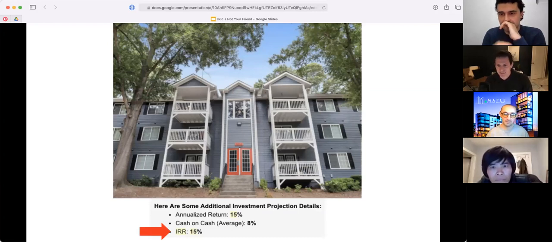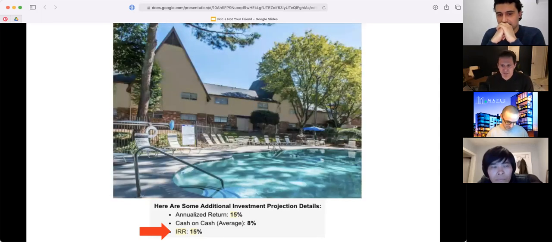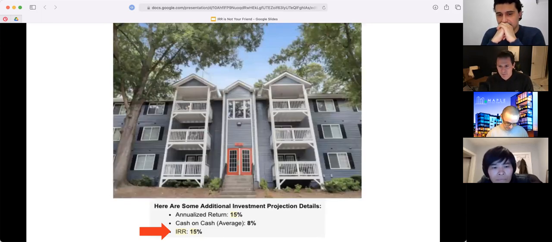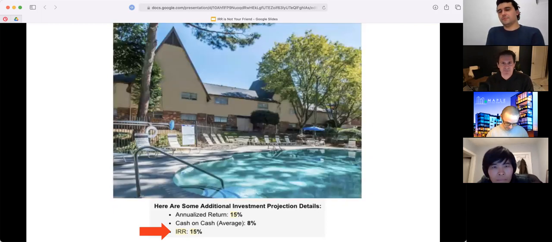This is another one. I don't have the location of this specific one, but two completely different properties showing the exact same return metrics. Now, what does this tell you when you look across the multifamily industry and see pretty much every investment showing very, very similar returns?